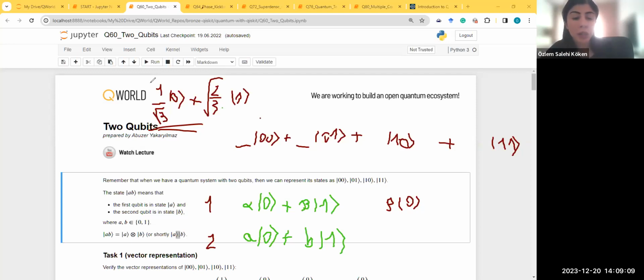Then, going back to this question, I asked you the probability of obtaining a 0. So the answer is alpha squared. Now, is this clear? Now I am asking the same for the second qubit. What is the probability of observing a zero for the second qubit?